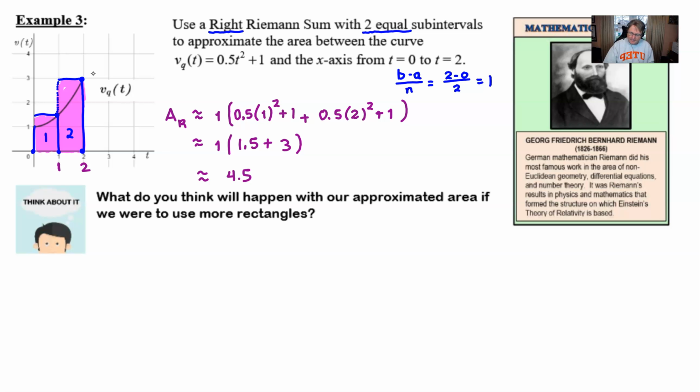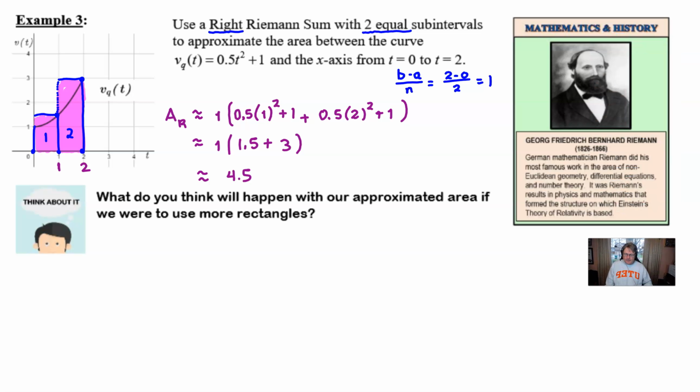Now, I have a little think about it here I wanted to discuss with you. It says, what do you think would happen with our approximated area, that would be the area of these rectangles, if we were to use more and more rectangles? You've only seen 2 rectangles at this point, but if we used more and more of these, what do you think would happen?